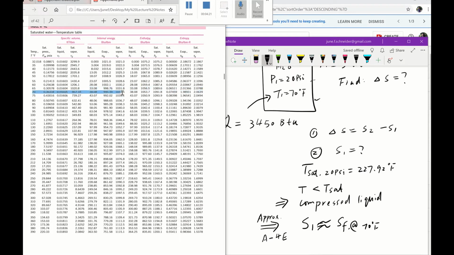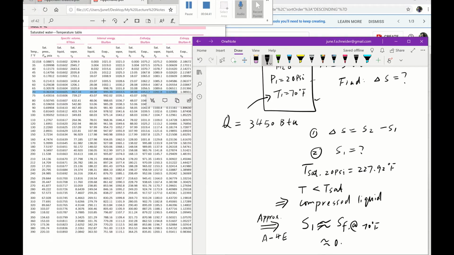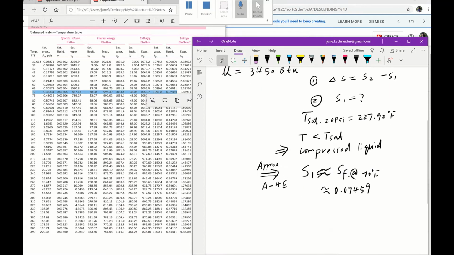And our S value is this one, 0.07459. So that is our initial state entropy, and the unit is BTU per pound mass per Rankine.